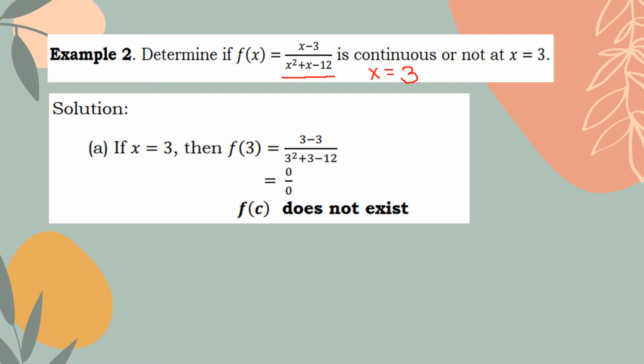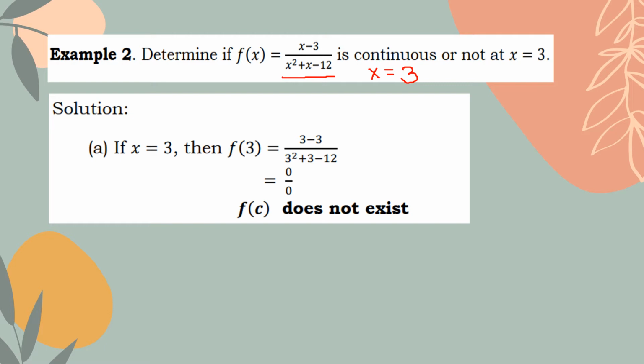When you try to factor this out, so we have x minus 3, what will be because this is 12, right? So the values or the factors for 12 that will result to x are what? 4 and 3.